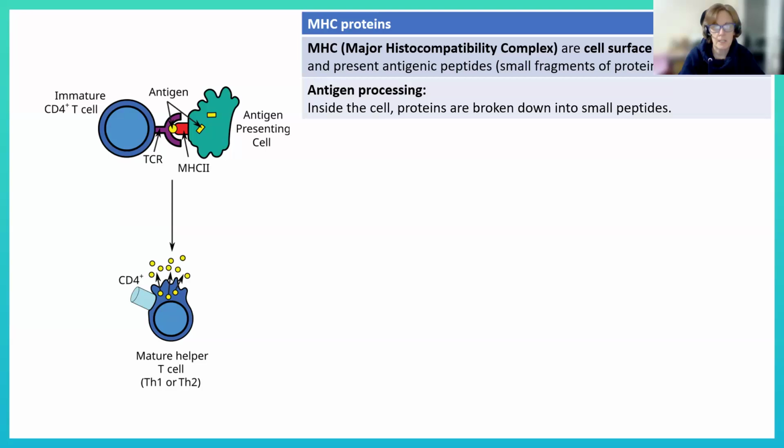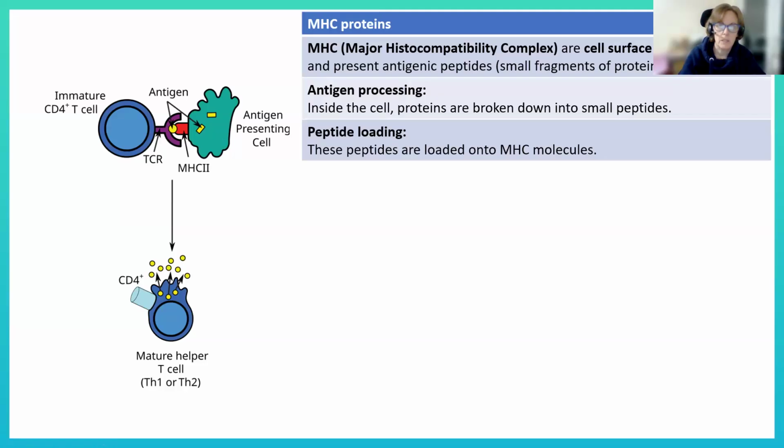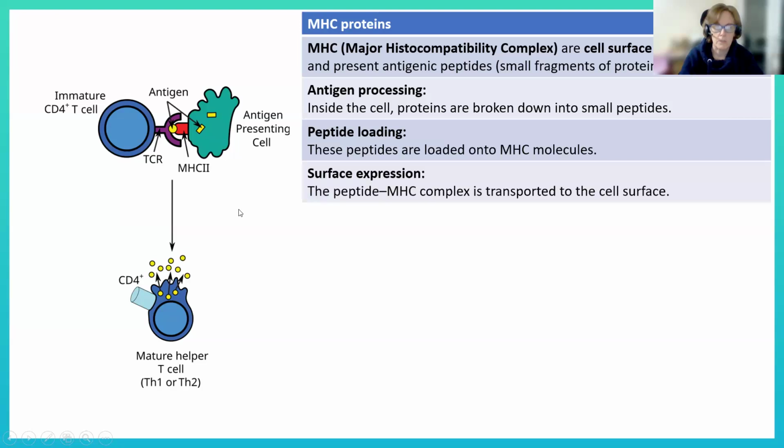And once inside the cell, over here, this is a breakdown of what happens. The cells are broken down. So the white blood cell, the green one, breaks them into these small peptides, antigens, and they're loaded onto these specialized molecules, the major histocompatibility complex structures.